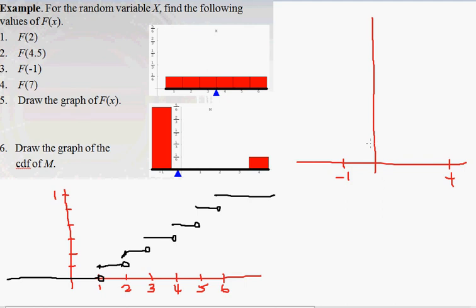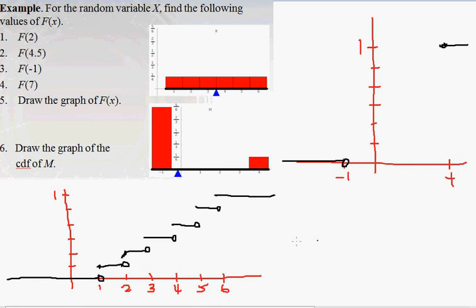And again, let me count off 1/6, 2/6, 3/6, 4/6, 5/6, and 1 for 6/6. Now, as before, if you're greater than or equal to 4, the probability of being less than or equal is 1. And if you're less than -1, the probability is 0.